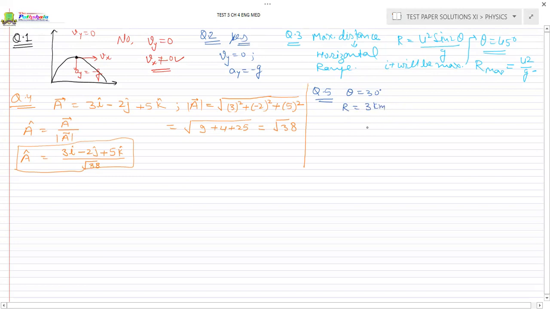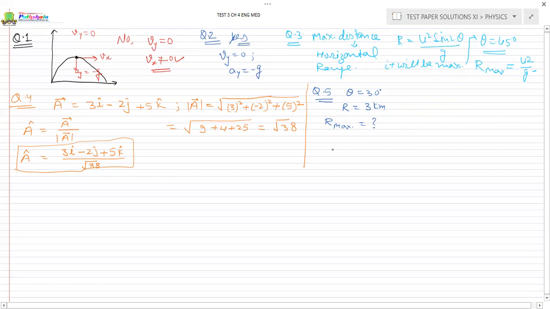Assuming air resistance negligible and the gun's muzzle velocity unchanged, can it be used to fire at an object 5 kilometer away? That means you have to find R maximum. If R maximum is equal to 5 kilometer, or greater than 5 kilometer, then it can be used to fire at a 5 kilometer distant object. But if R maximum is less than 5 kilometer, then it is not possible.